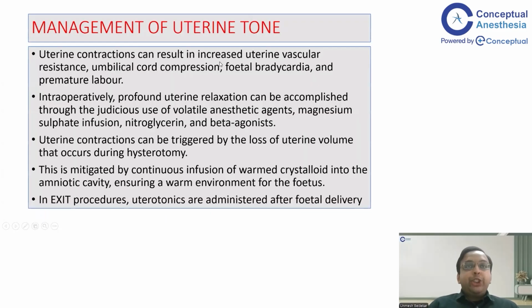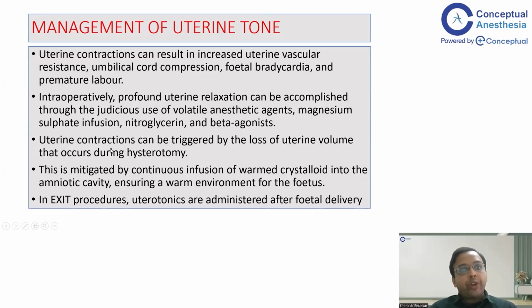So how do you manage the uterine tone in all this? Uterine contractions can result in increased uterine vascular resistance, umbilical cord compression, fetal bradycardia, and premature labor. Intraoperatively, profound uterine relaxation can be accomplished through the judicious use of volatile anesthetic agents, magnesium sulfate infusion, nitroglycerin, and beta agonists.